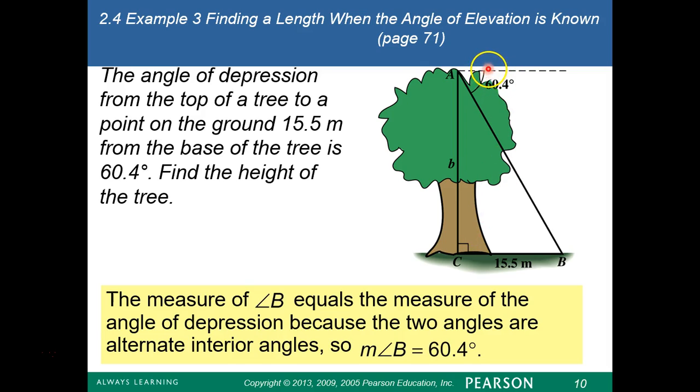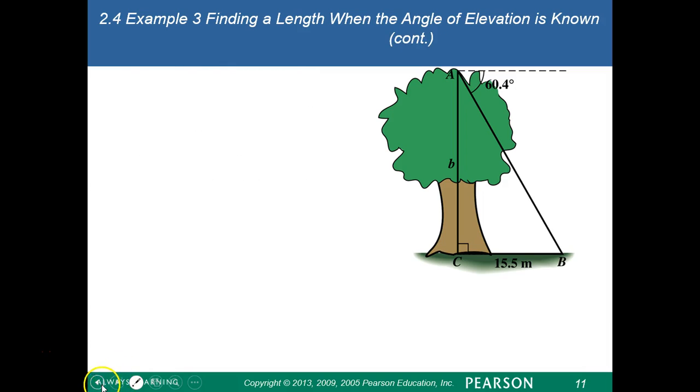So if this angle of depression is 60.4 and these two lines are parallel, remember we have two parallel lines with a transversal going through, which is AB. That means we have some congruencies of our angles going on here. The angle labeled as our angle of depression, 60.4 degrees, is going to be the same for our angle B in this triangle.